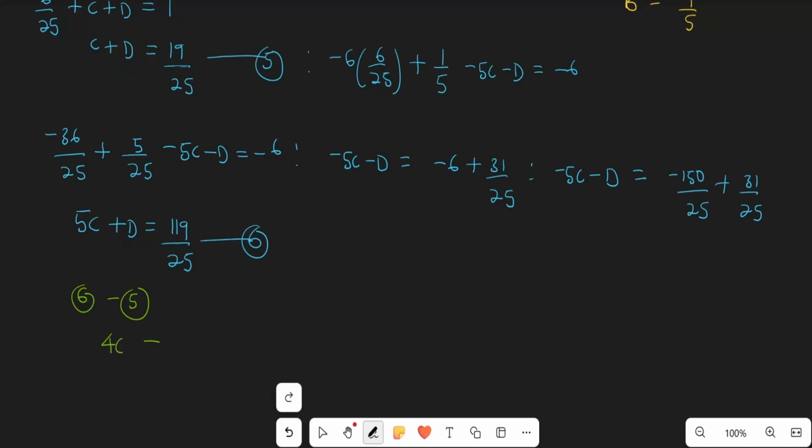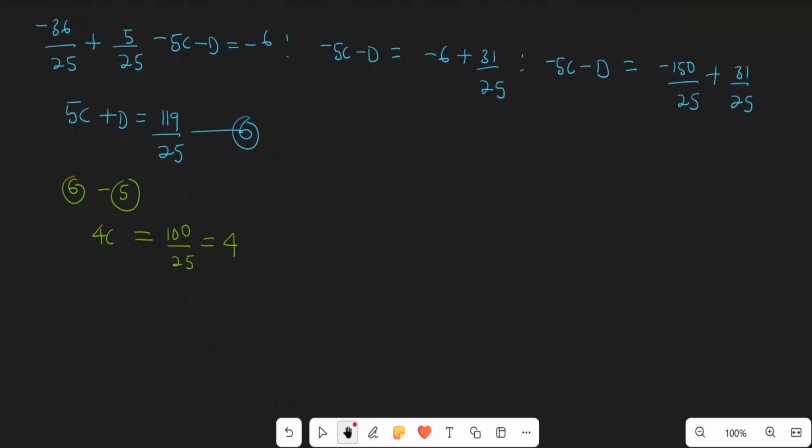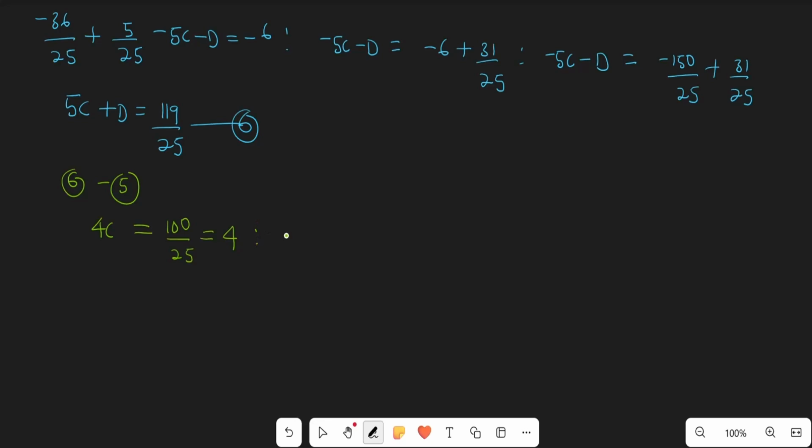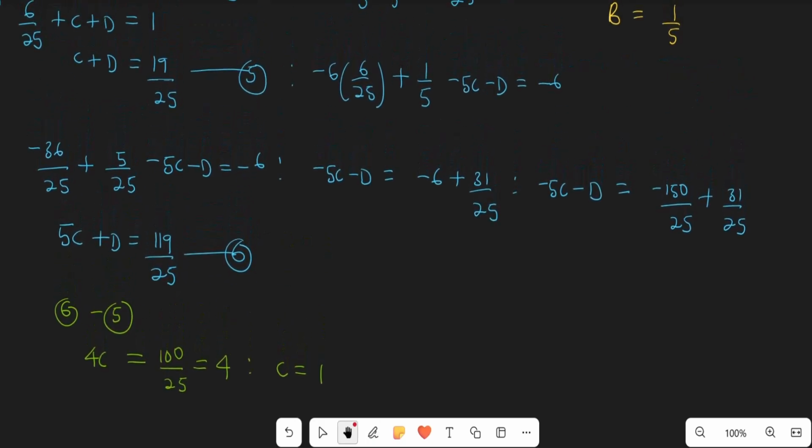So that is going to be 4c equal to 119 over 25 minus 19 over 25. That is going to be 100 over 25, and 100 over 25 is equal to 4. So 4c is equal to 4. That implies that c is equal to 1. Alright, cool. So now the value of c is equal to 1.